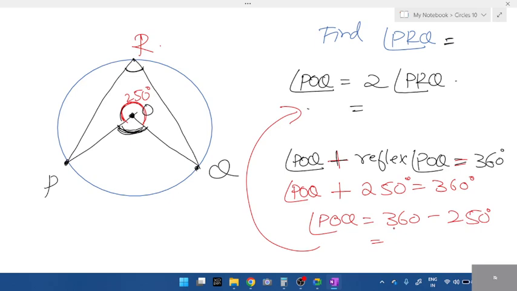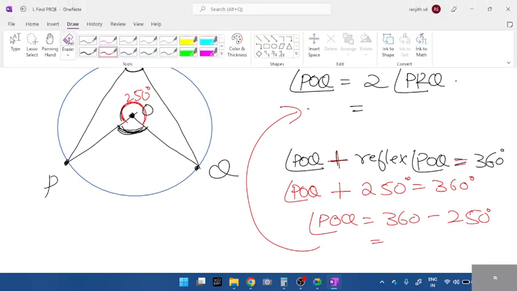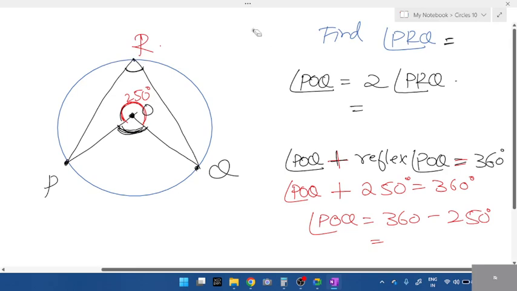If you feel it's tough, if you are playful, just ignore this chapter. You can concentrate on other chapters. If you really want to score good marks, concentrate and complete it. Angle POQ is how much? 360 minus 250 is 110.